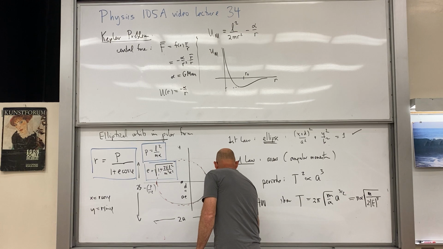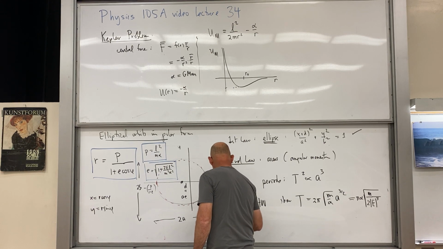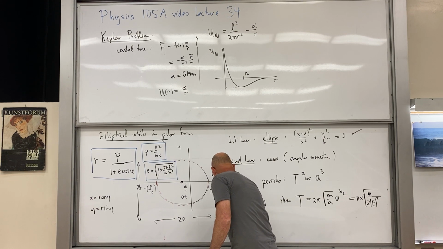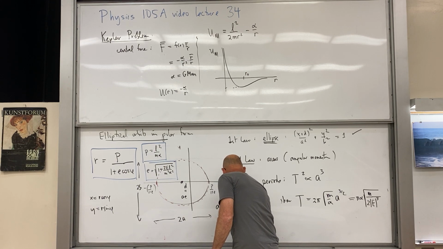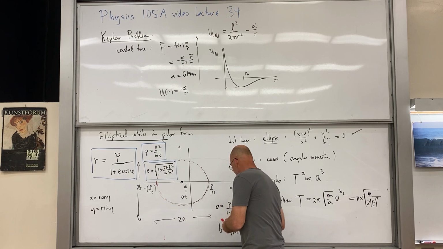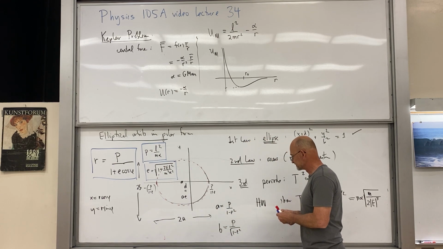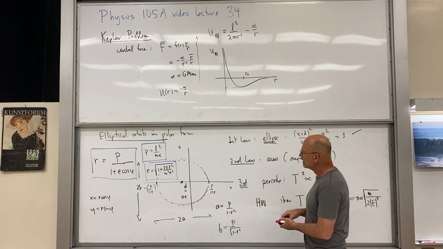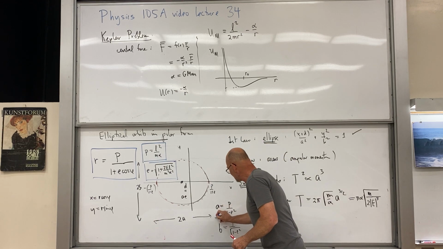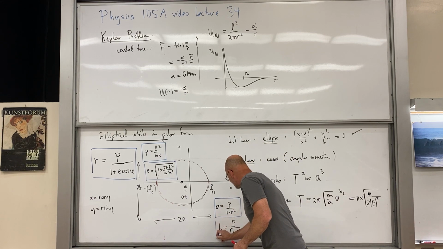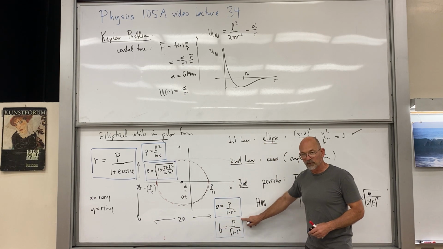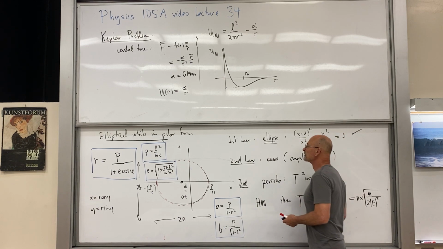A was p over 1 minus e squared. B was p over root 1 minus e squared. So we need these as well. Check your notes for these results. We had obtained those last time.